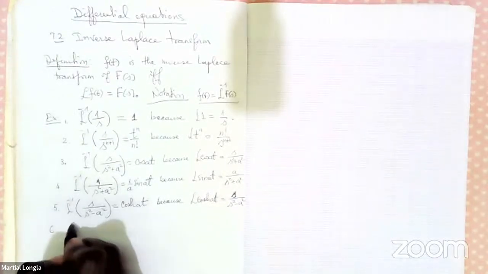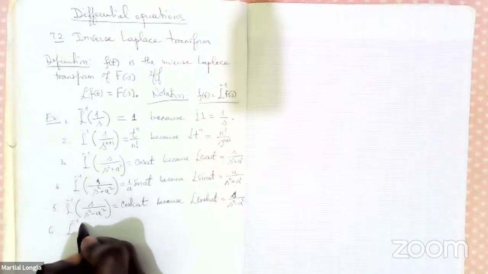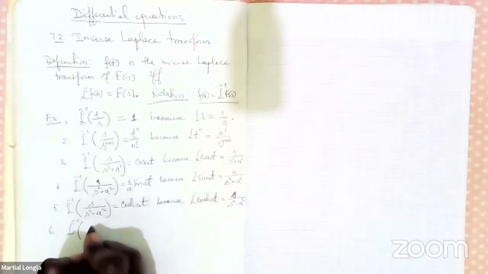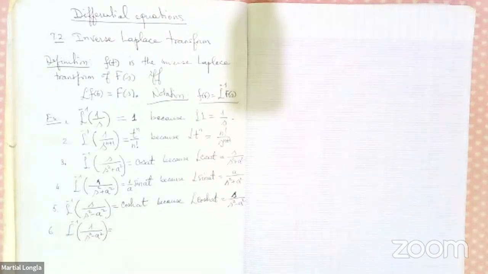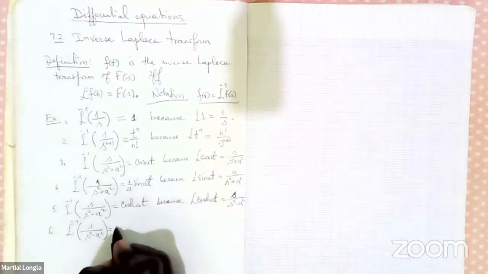And then the inverse Laplace transform of 1 over s squared minus a squared. If we look at the other one, what would this one be? Isn't it hyperbolic sine over a? That's it.